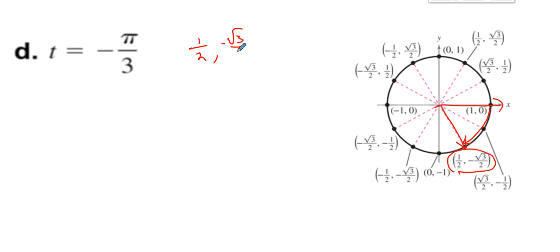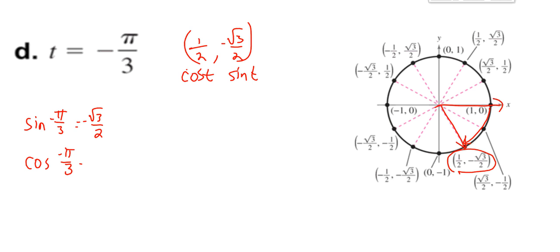So how did you do on that? And then let's see the rest of this. We'll say that those are cosine and sine. And so the sine of negative pi over 3 is negative square root of 3 over 2. Cosine is 1/2. Tangent, I get negative square root of 3.